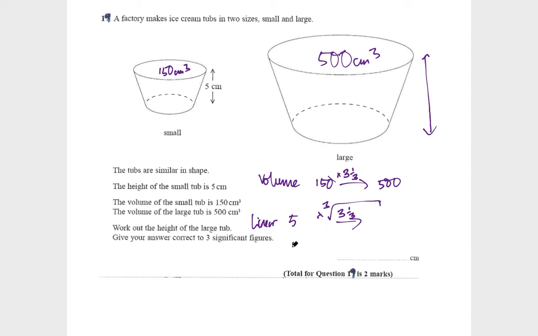That is 5 times by 1.493 something. Leaving it all on my calculator, that gives me 7.469007, which is the height that's missing there. So work out the height of the large tub, correct to 3 significant figures. It is 7.47 centimeters.